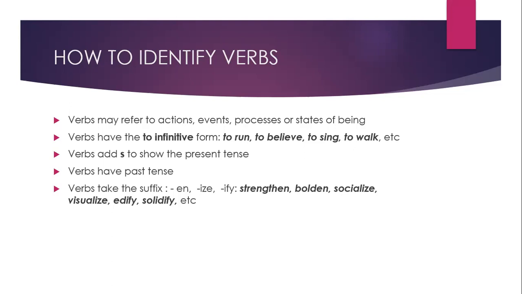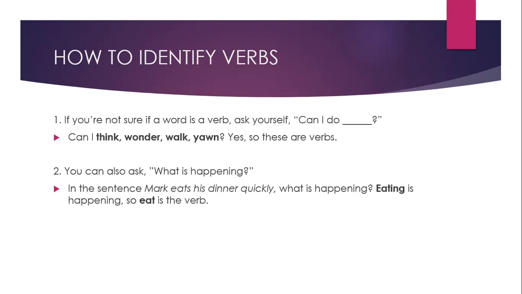So you have strength, but then the en makes it strengthen, which is a verb. Lengthen, broaden, bolden. You have socialize, capitalize, visualize, modernize, or whatever. Ize makes it a verb. Then the ify is like edify, codify, solidify, whatever. All those show that those words are verbs.